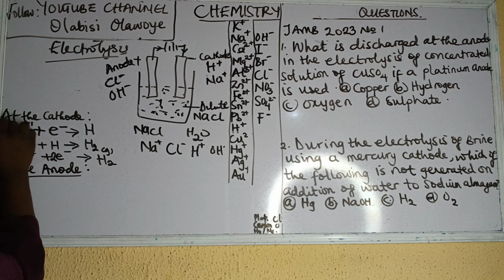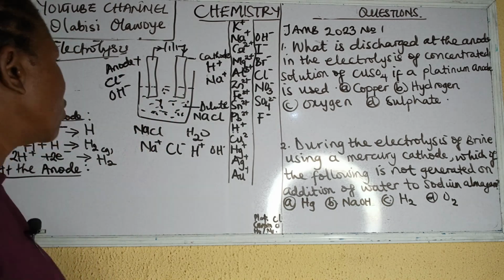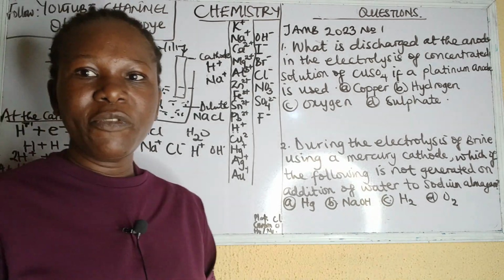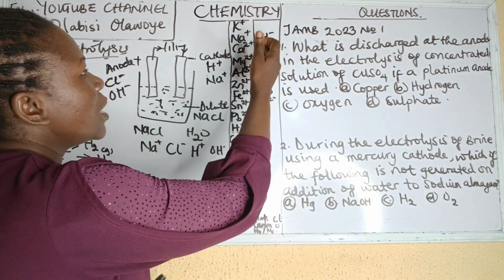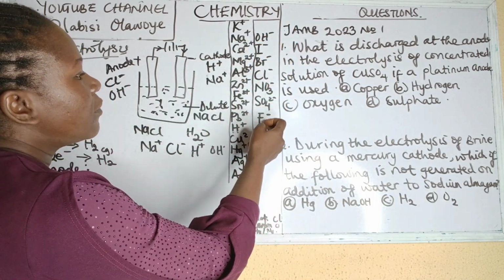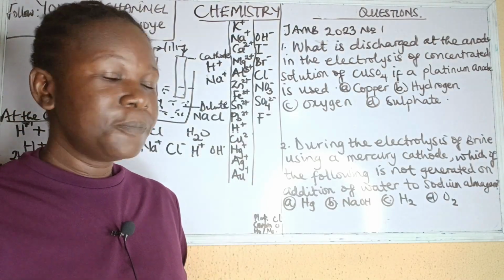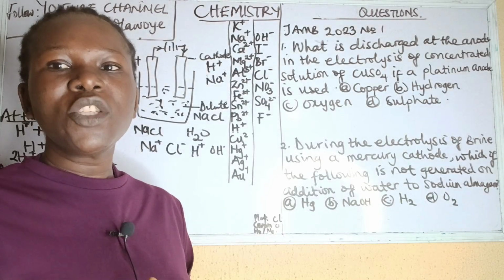So at the anode, oxidation takes place, which is a loss of electron. So these 2 competing ions are at the anode. Which one will be discharged in preference to the other? Now take note of the electronegative series here. As we go down the group, electronegativity increases. This fluoride ion is the most electronegative. So which one is lower?